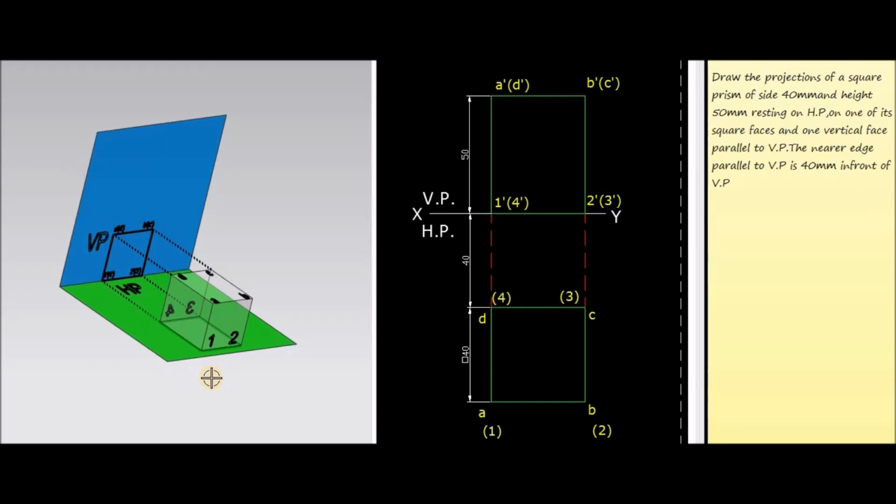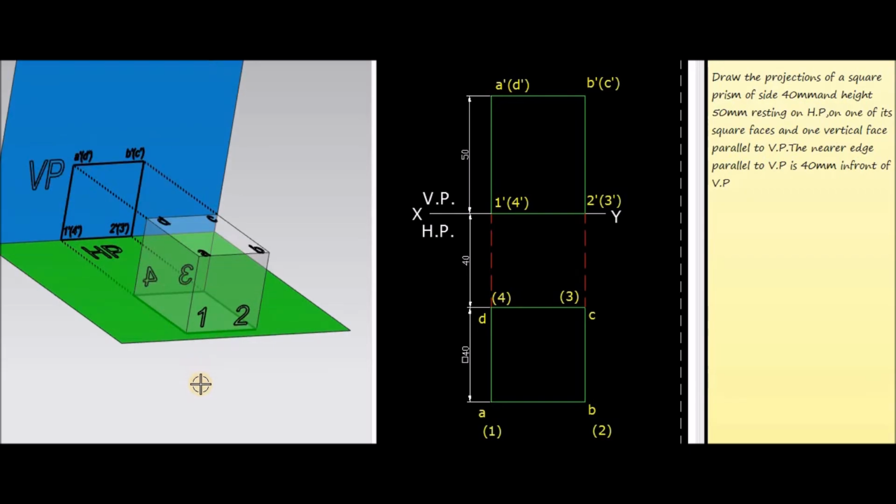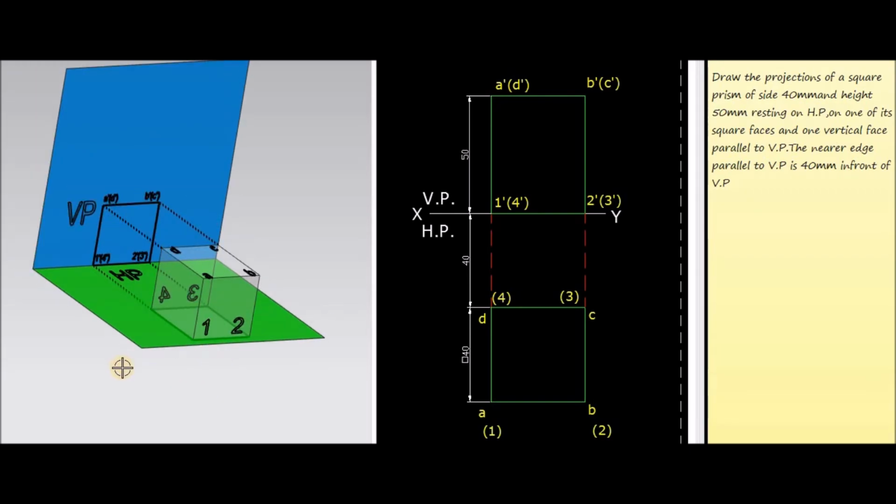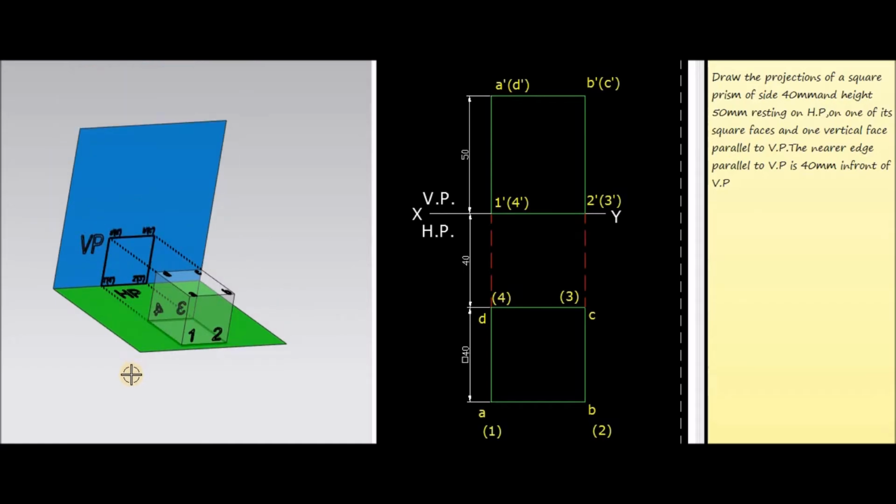And another point given is the height of the prism is 50 mm. That means the distance 1A or 2B is equal to 50 mm. So this is the present condition, and we have to draw the projections of the square prism.